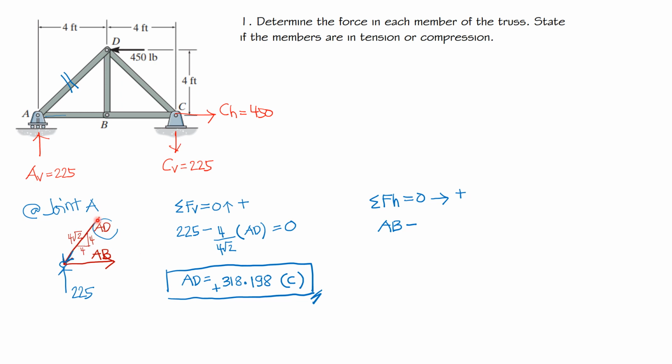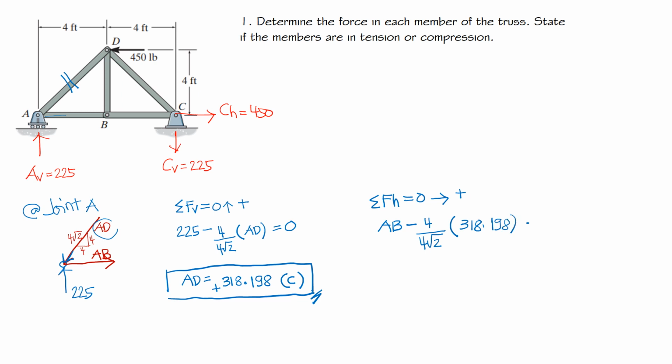Because the horizontal component of AD is going to the left. So that becomes the slope, which is 4 over 4 square root of 2 multiplied by the value of AD, which has been solved to be 318.198.